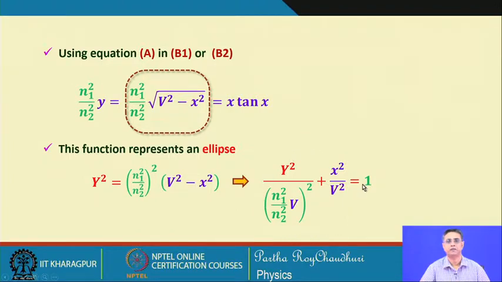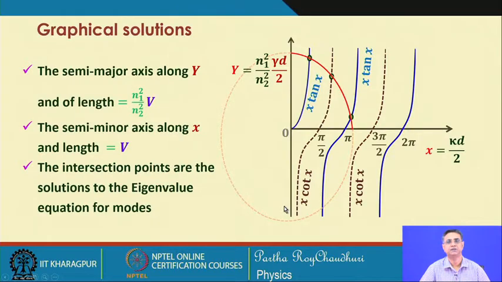So, in this case, it is not a circle, the intersection of the circle with the graphs that we saw in the case of TE modes, but these are ellipses, the equation of the ellipse that gives you the solution through the intersection with the graphs.